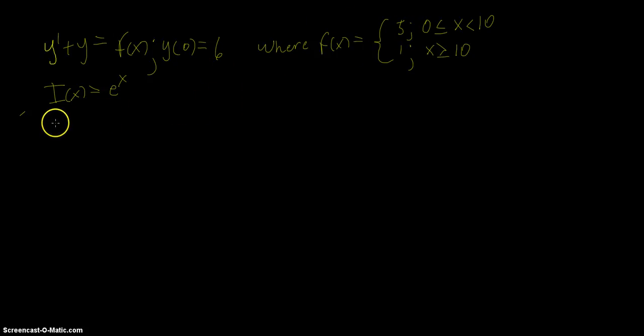So we know from our integrating factor solution algorithm that the integrating factor e to the x times y equals the integral of q of x, which as we said in this case will be 5, times the integrating factor.